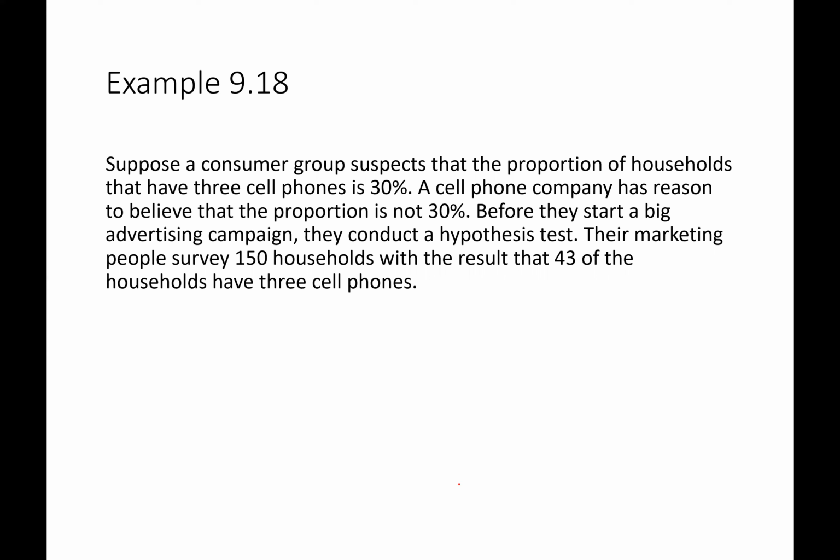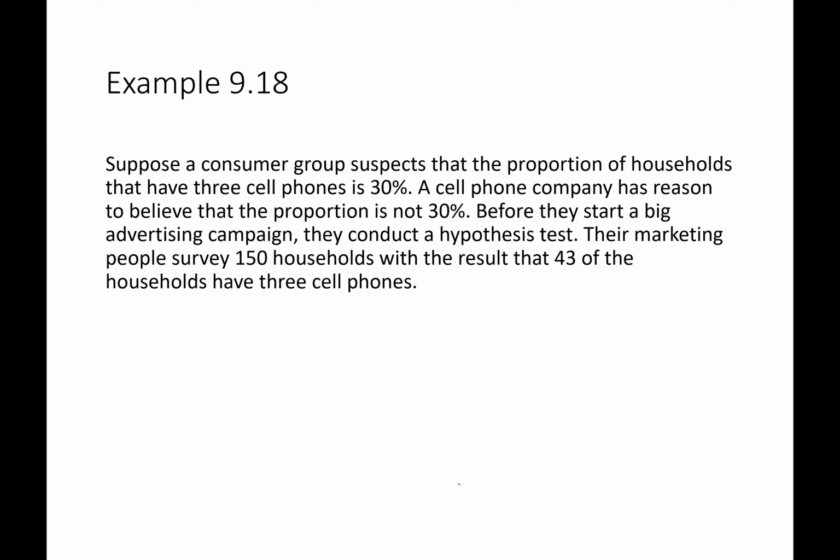All right, let's do another proportion. And how do I know this is a proportion? Because it's in percentage. That is correct. Suppose a consumer group suspects that the proportion of households that have 3 cell phones is 30%. A cell phone company has a reason to believe that the proportion is not 30%.